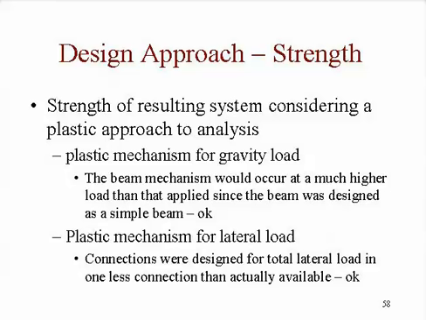We saw that already. And that is certainly going to have more strength than what we designed the beam for. We designed the beam for WL squared over 8. The beam is only going to fail with a plastic mechanism at WL squared over 16. So the beam is going to be strong enough.